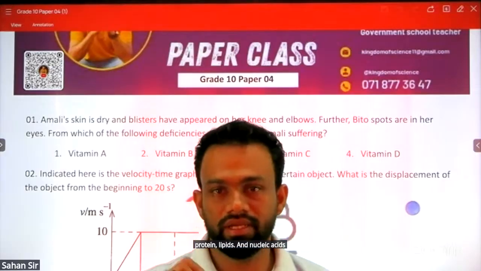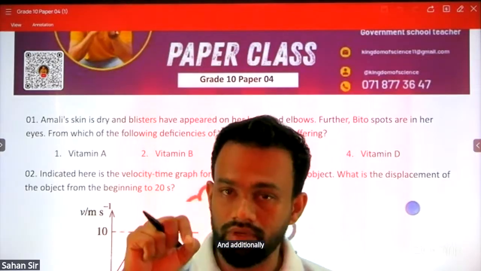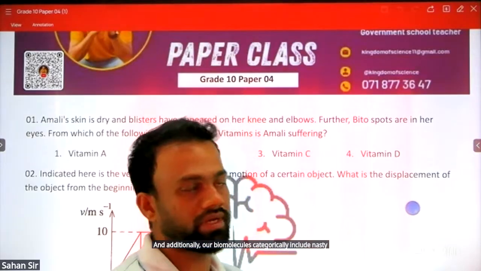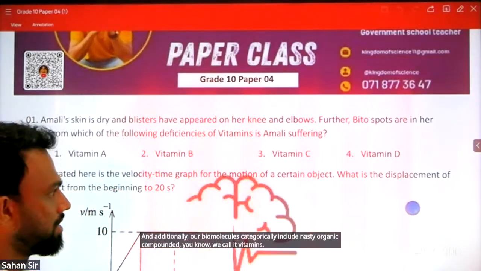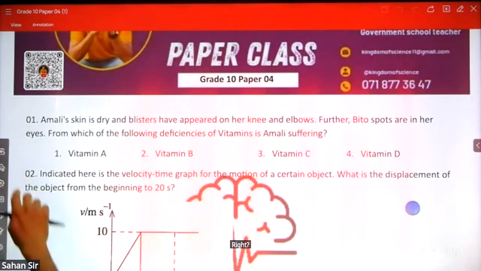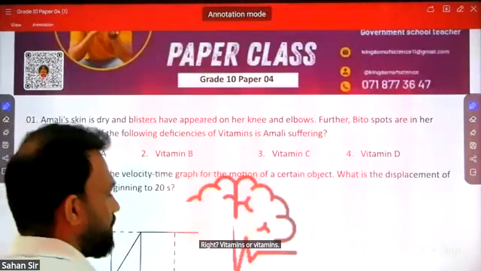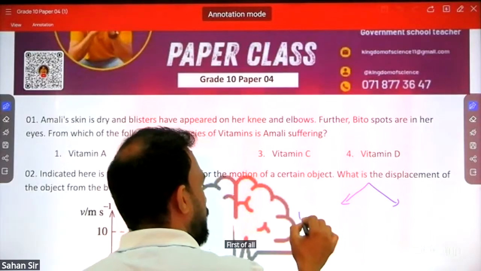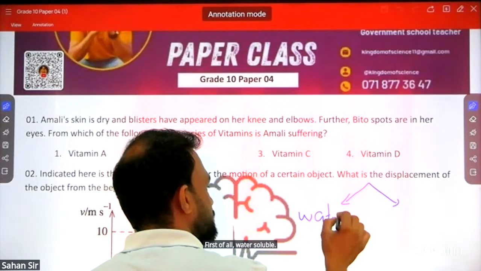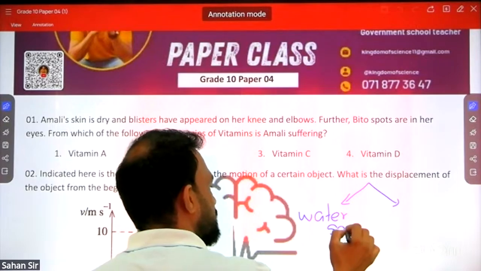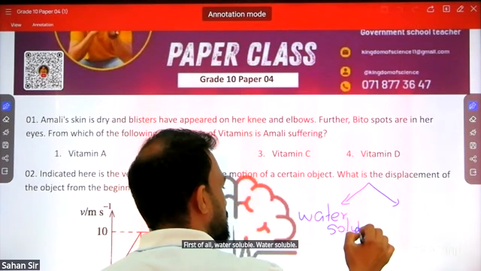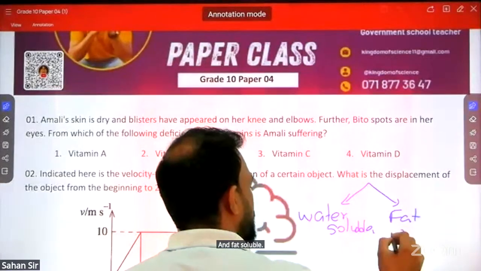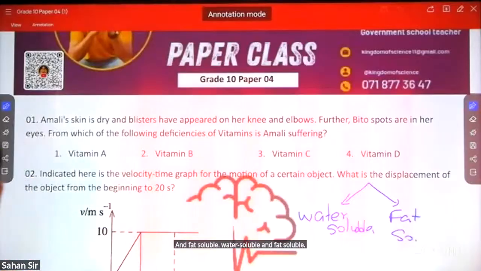Additionally, our biomolecules category includes another organic compound, we call it vitamins. Vitamins we can divide into two main groups. First one, water soluble, and fat soluble.